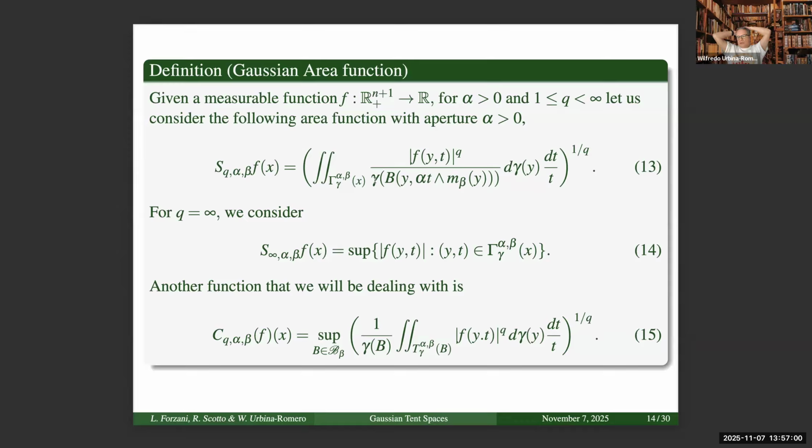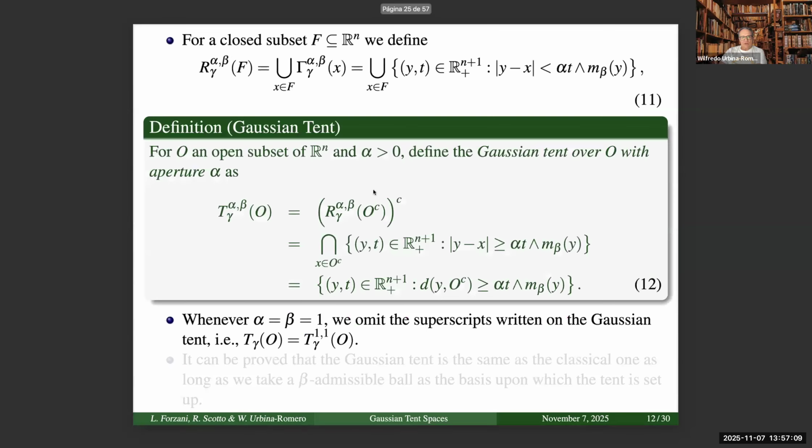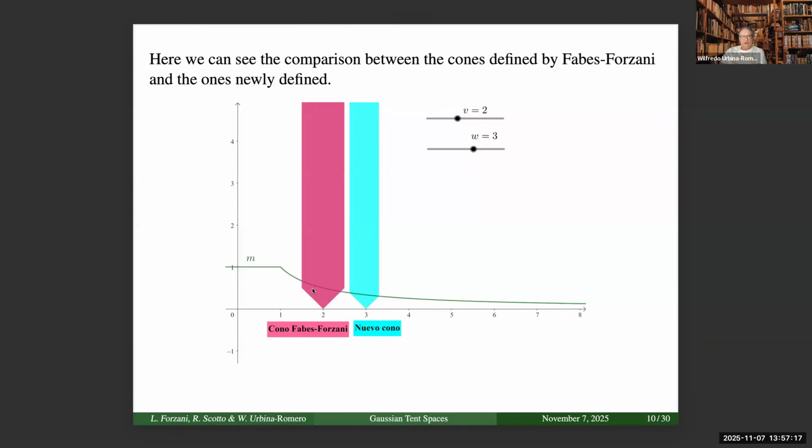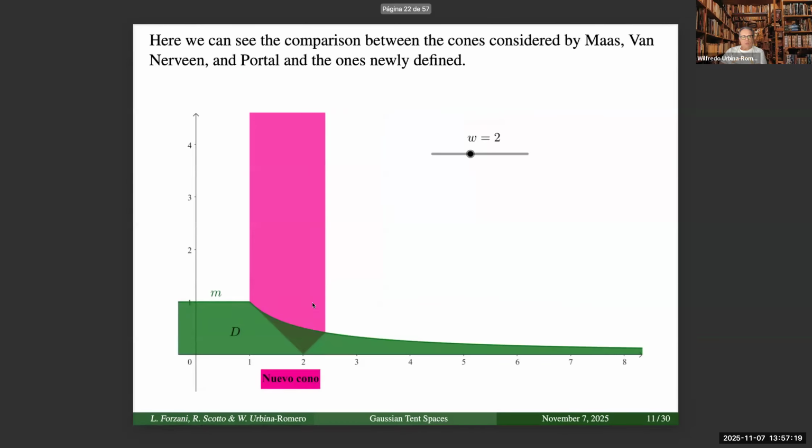And the cones, why are the cones important in the classical case? In the classical case, the cones are just like this, right?